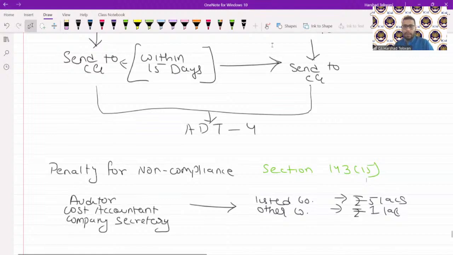I think my screen is stuck. Okay, so yeah.